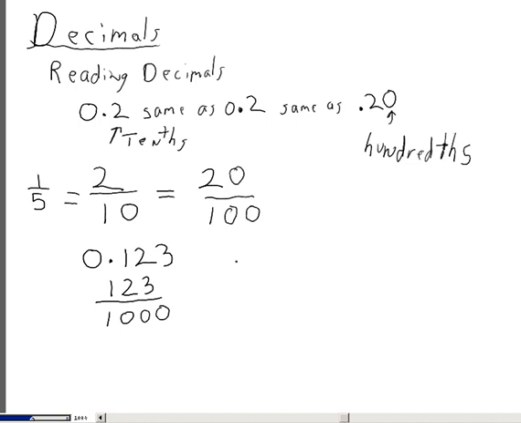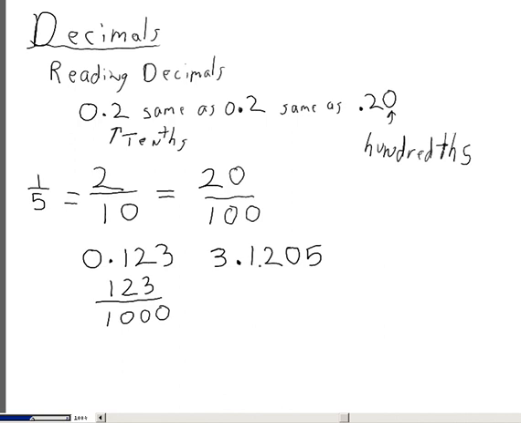Let's do another number. Let's say we had this number, 0.1205. In fact, let's put a number on the left-hand side of this decimal point. Right now it's assumed to be 0, but let's put, I don't know, a 3 or whatever here. So what fraction would that be equal to? Well, if you can write it as a fraction, you can read it. Okay, this is the tenths position, this is the hundredths position, this is the thousandths, and this is the 10,000ths position.